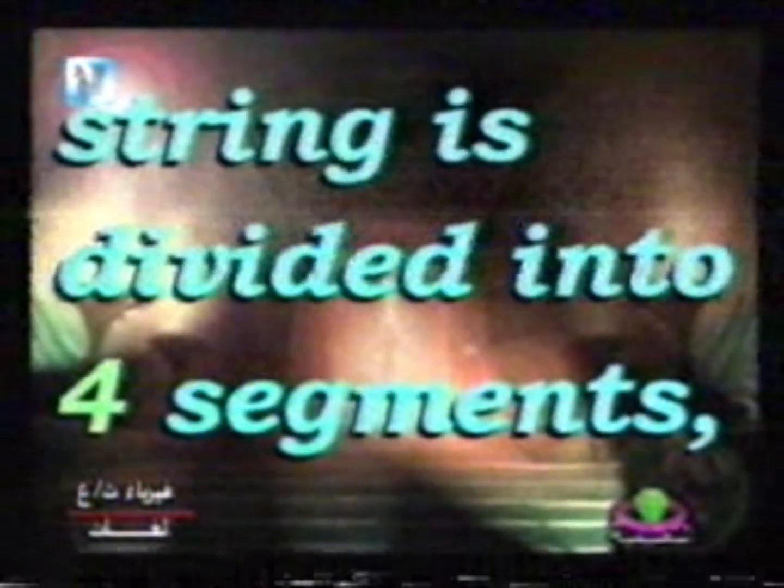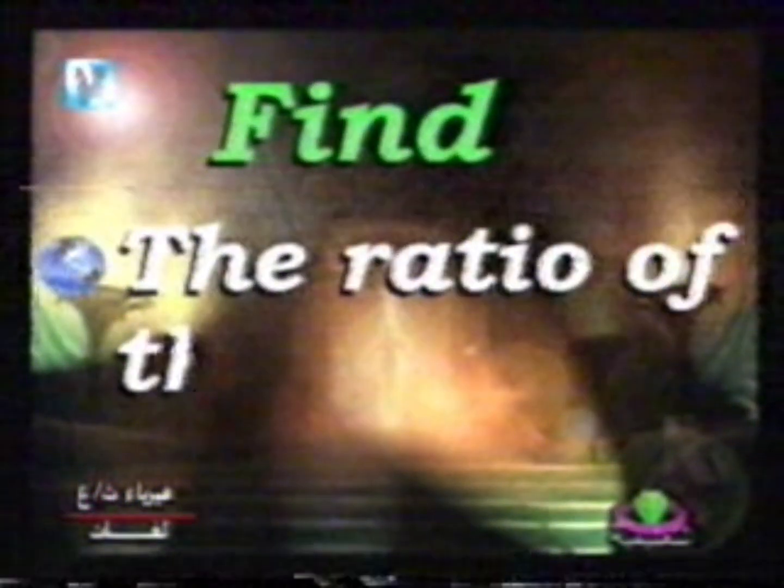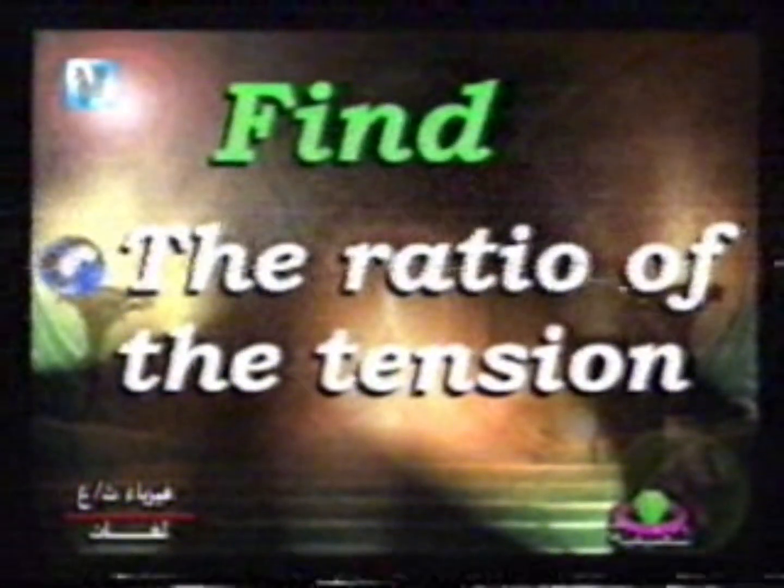The string is divided into 4 segments. When the load is totally immersed in a liquid, the string is divided into 5 segments. Find, number 1, the ratio of the tension acting on the string in the two cases. The second one, the density of the liquid.